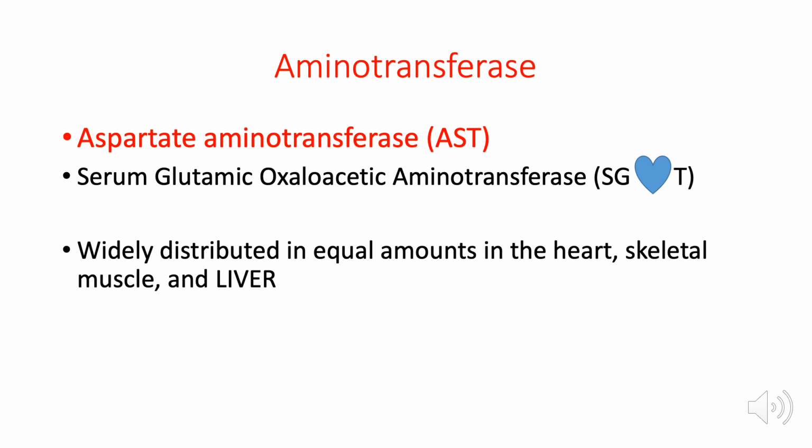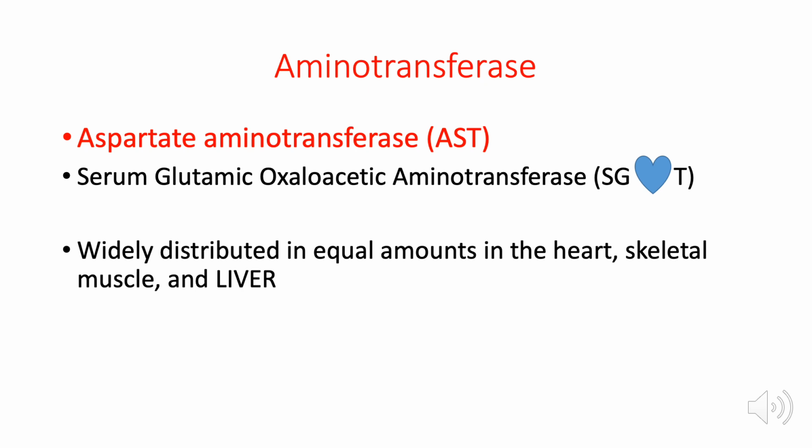So if the hepatocytes undergo cell lysis because of exposure to injurious agents, the AST enzymes in their cytoplasm will start leaking into the blood. High levels of AST enzyme in the blood can suggest the probability of a liver disorder. But the problem with AST is that it is widely distributed.